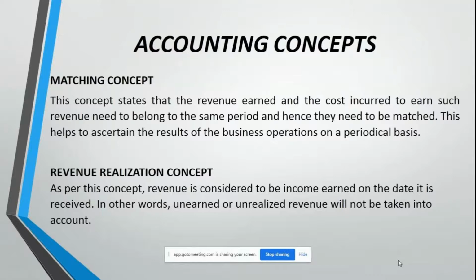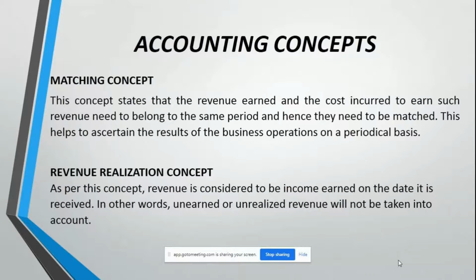No. Previous year's incomes and previous year's expenses, which are actually received or actually paid, have to find a place in the previous year itself. The current year expenses and the current year incomes will find a place in the current year itself. So they will not be carried forward to the next financial years, which means that pertaining to the year to which it belongs, it has to be recorded in the same year. It should not be mixed or rather overlapped with the next year.